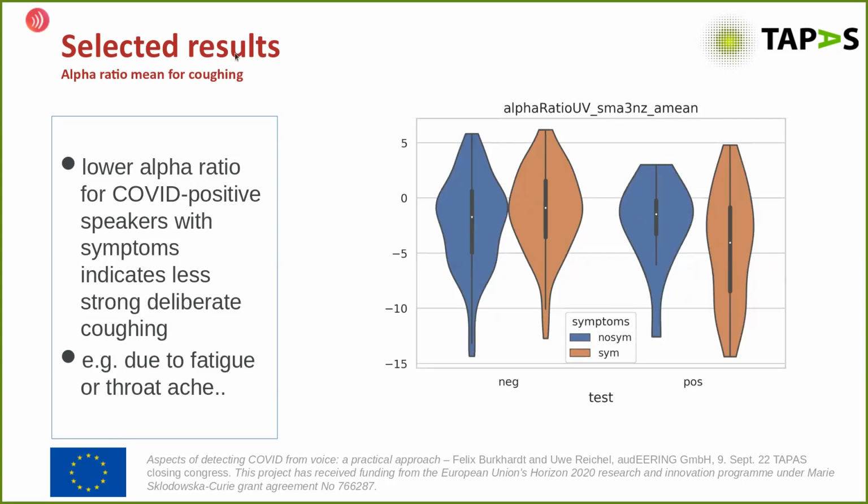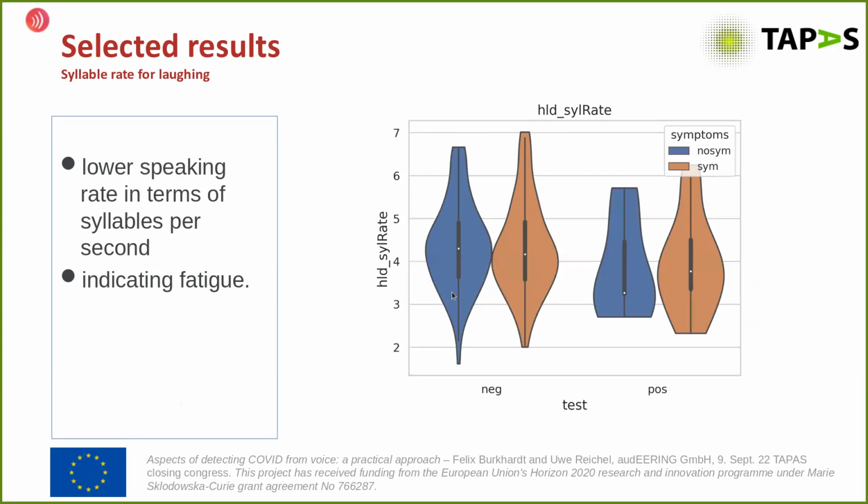Here's another one, coughing. They look pretty similar actually, but it gave a significant difference. So perhaps due to fatigue or throat ache, the speakers with symptoms indicated less strong deliberate coughing. And yeah, there's many more.